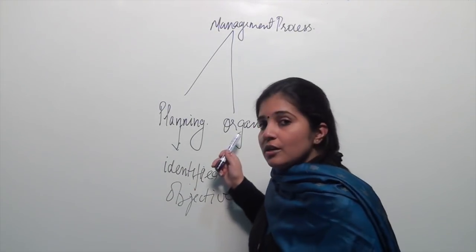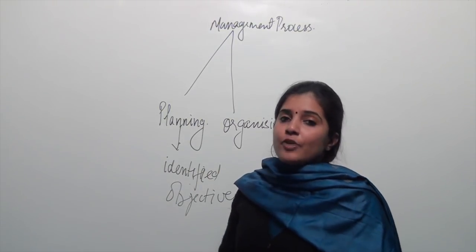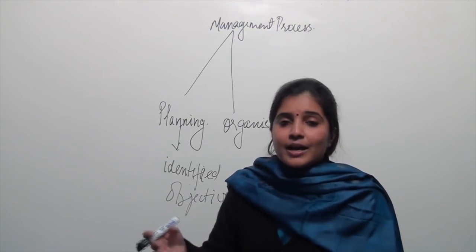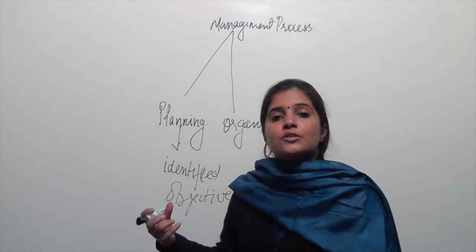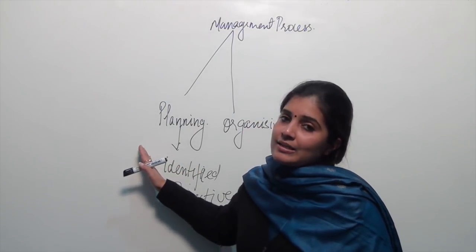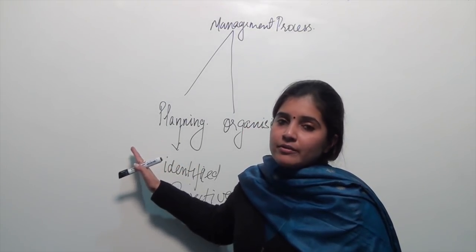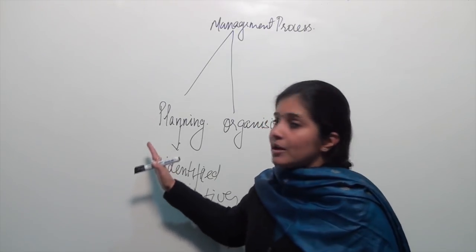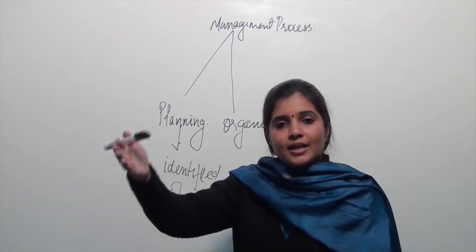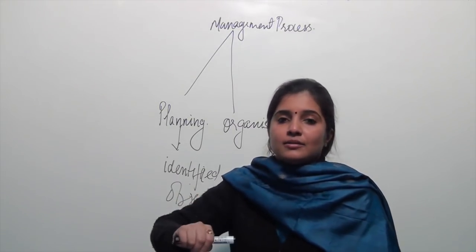Then comes into the picture organizing, wherein I am going to arrange all the material which is required to give a practical shape to my plans. Again, going back to the same example, after having decided that I am going to make, let's say, pasta, right?